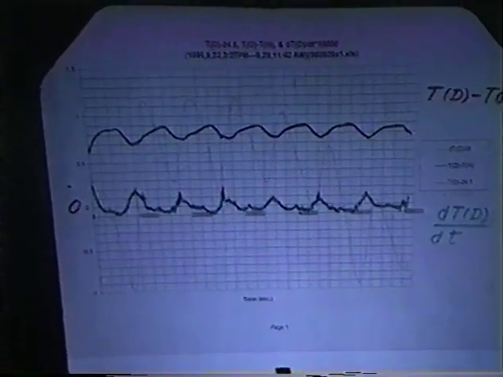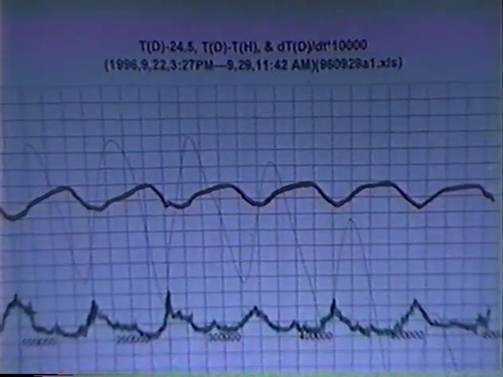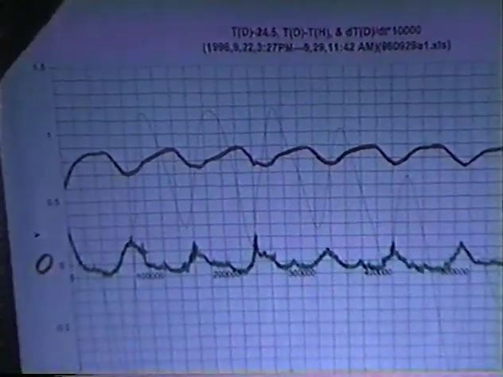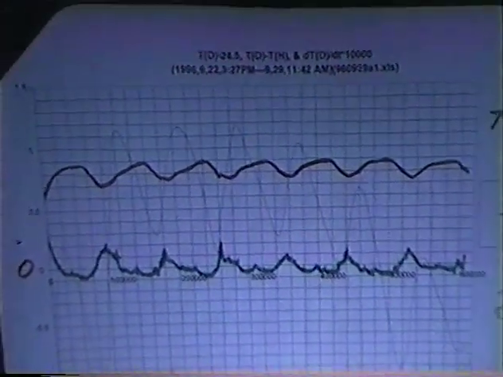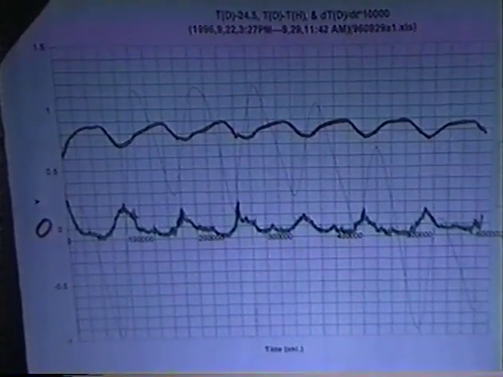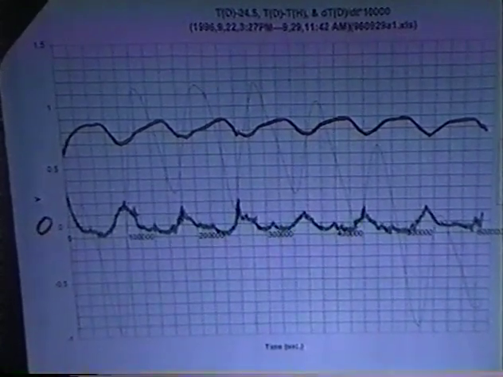This is the time for 1 week. This is the temperature difference between the deuterium model and the hydrogen model. We notice that this difference fluctuates day and night also. When the temperature goes up, the difference goes up.